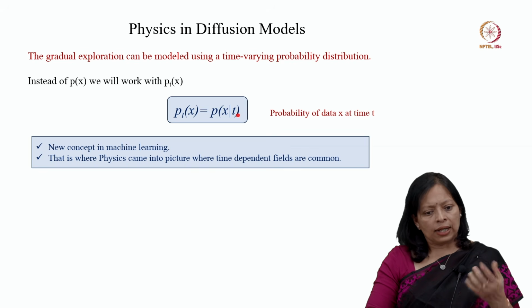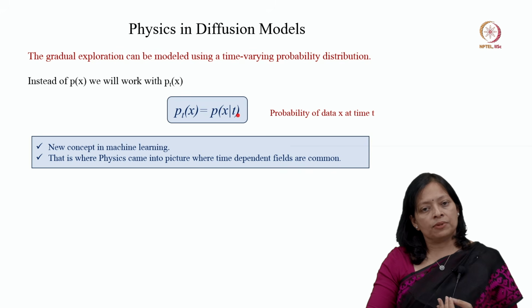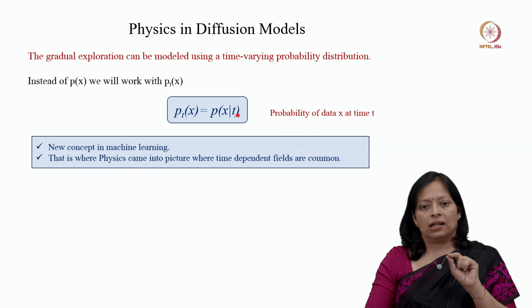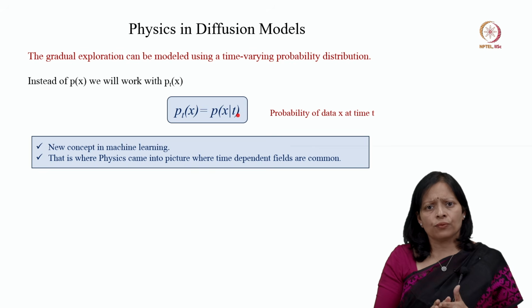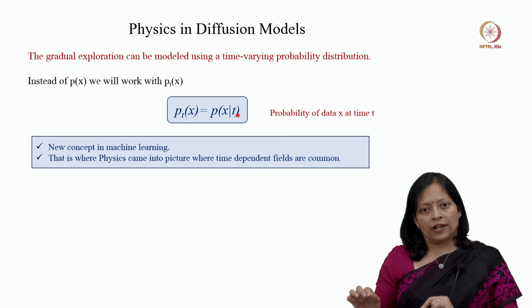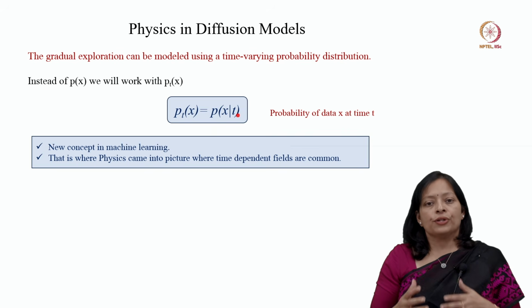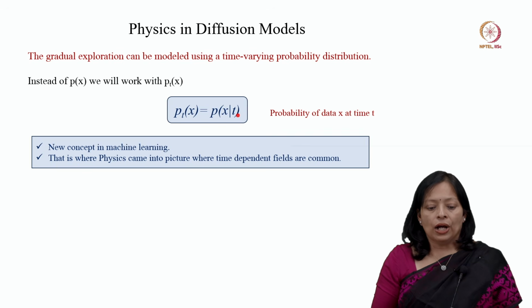So, you can think of the ink spreading in the water. It is time dependent, because initially at time t equal to 0, when you drop the ink in a glass of water, it is concentrated in one point. At t equal to 5 seconds, it has spread. So, it is a time varying phenomenon.